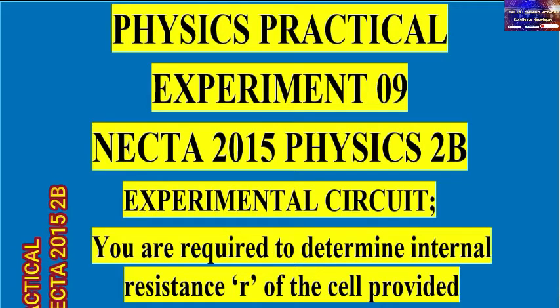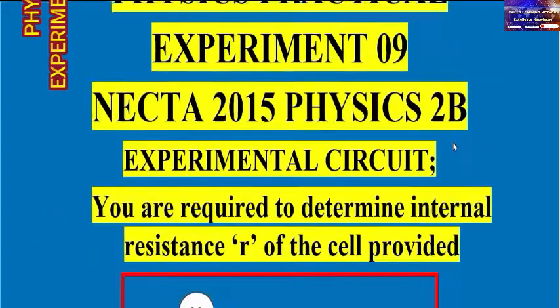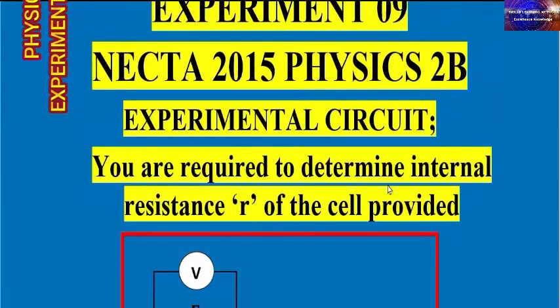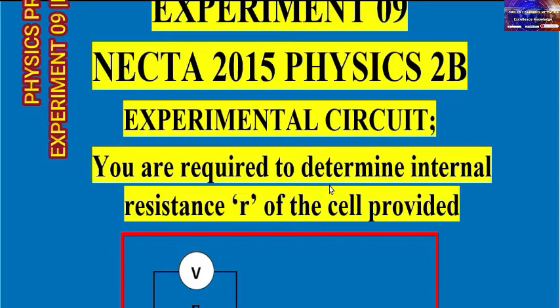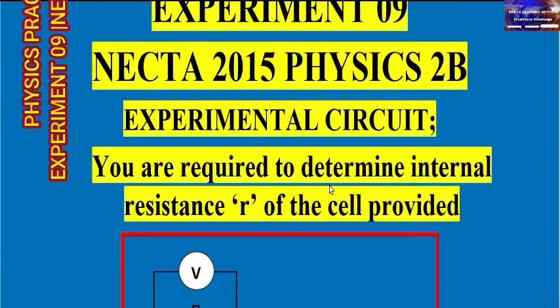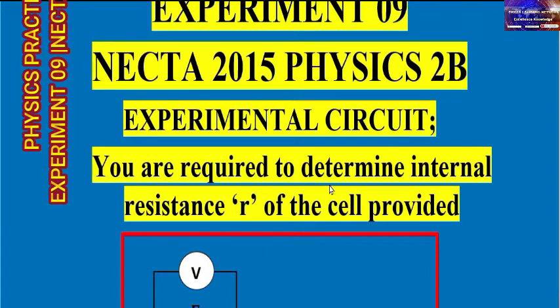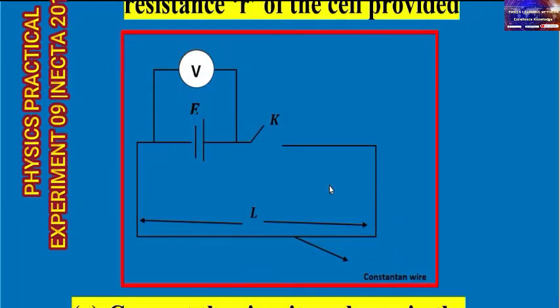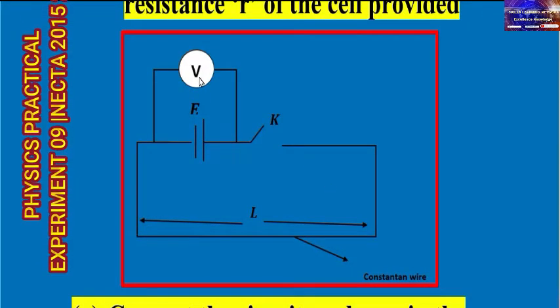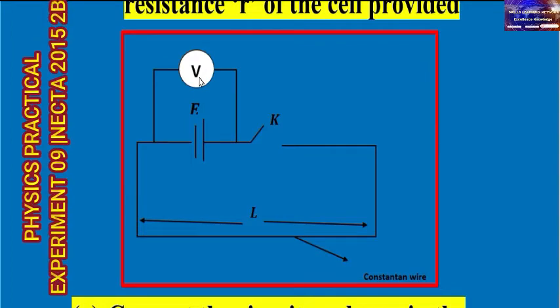So you are welcome. We are going to use an experimental circuit. The aim of the experiment is to determine the internal resistance of a cell provided. Our experimental circuit looks like this. We have a voltmeter in parallel with the cell.